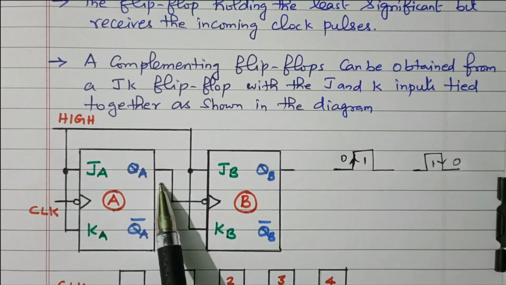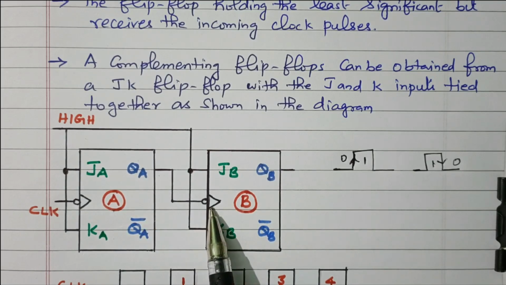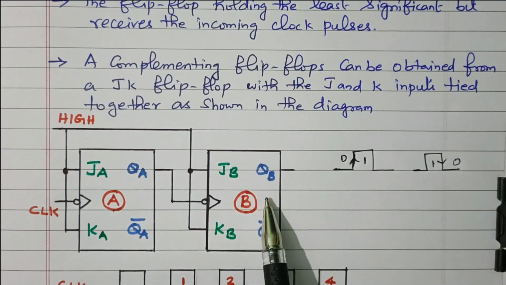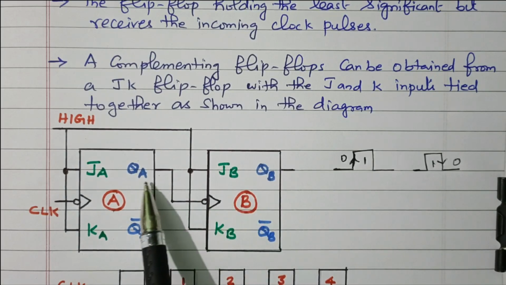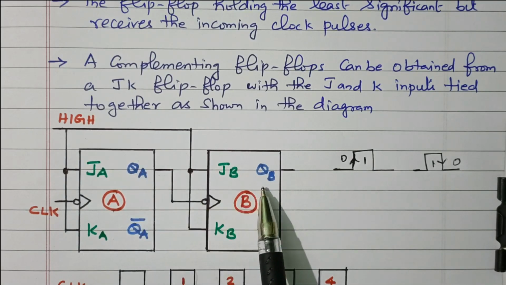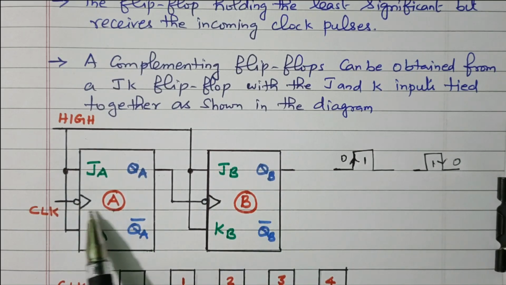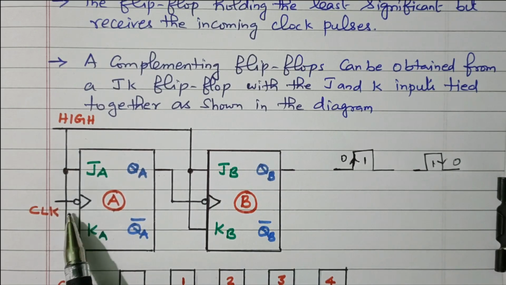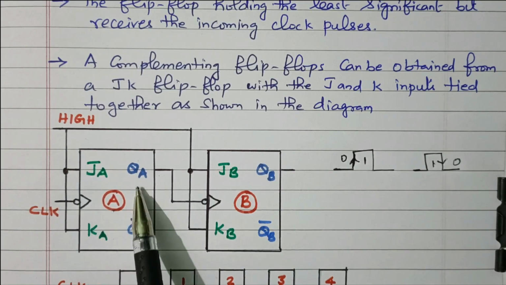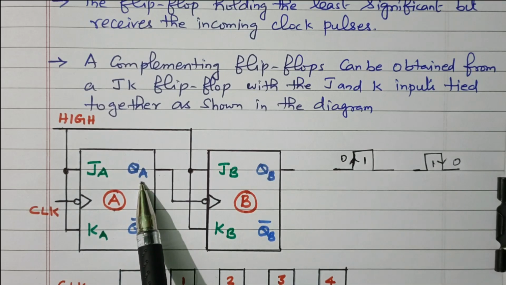If QA is 0, then the clock pulse is applied and the state will change. So every 0 output of QA, the state of QB will change, right? So at every clock pulse, during the negative edge triggering, the output of QA changes, right?